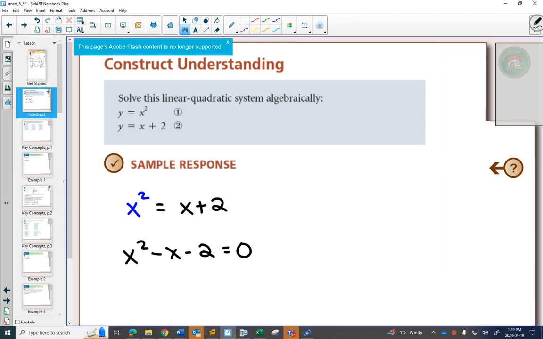So I always try to move my stuff over so that whatever coefficient I have in front of the x squared is positive. Mental math-wise, I think that makes the factoring easier, that you know, okay, this has to be x and x. To get 2 is going to be 2 and 1. I need a negative 2 and a plus 1.